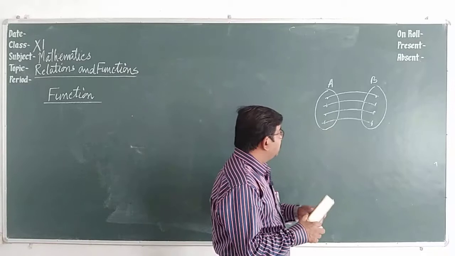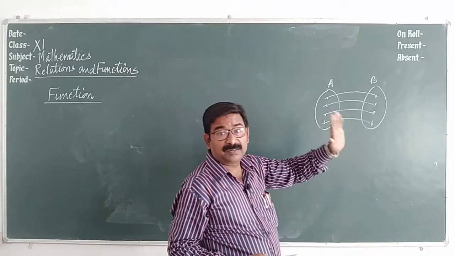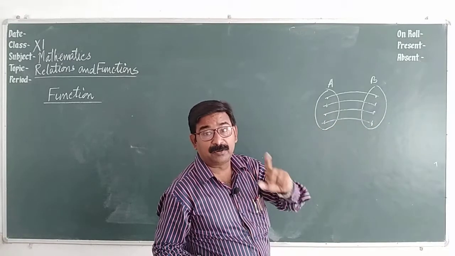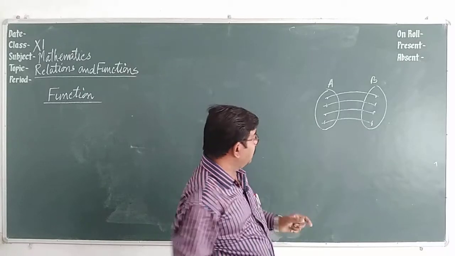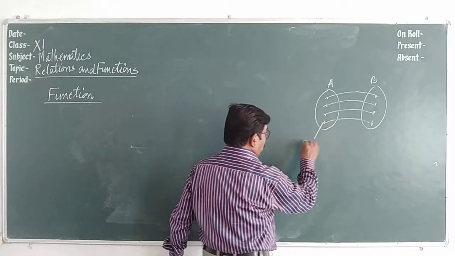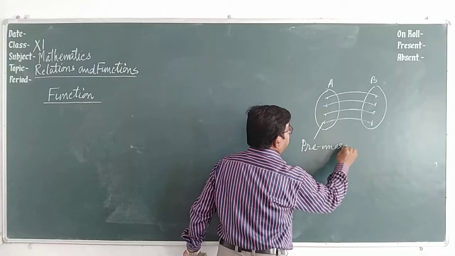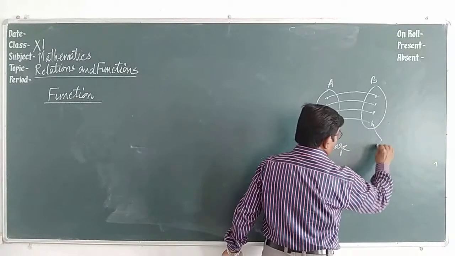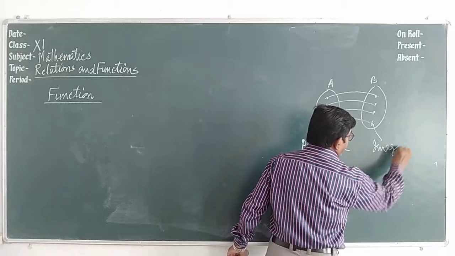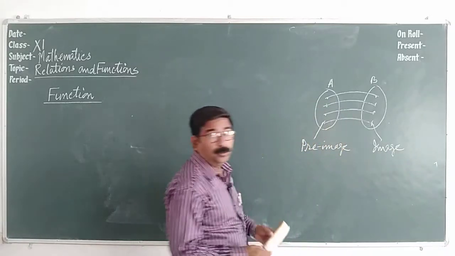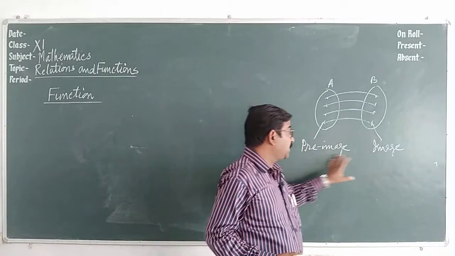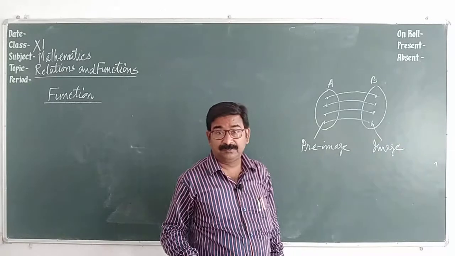Means each and every element must have unique image. Try to understand. Unique means this is called pre-image, and this one is called image. So no pre-image must have more than one image.